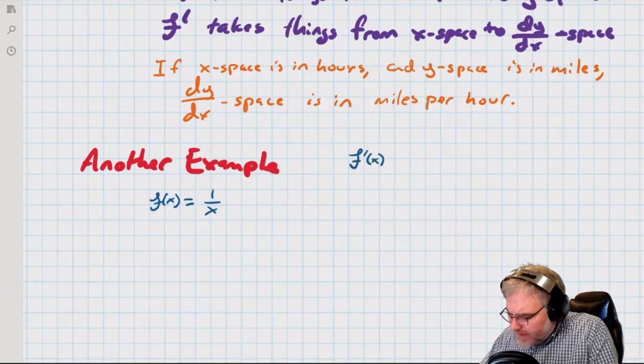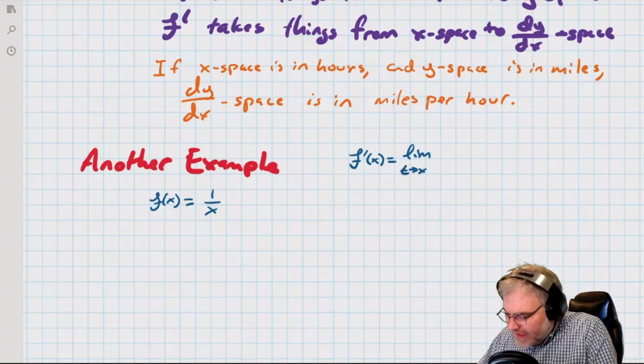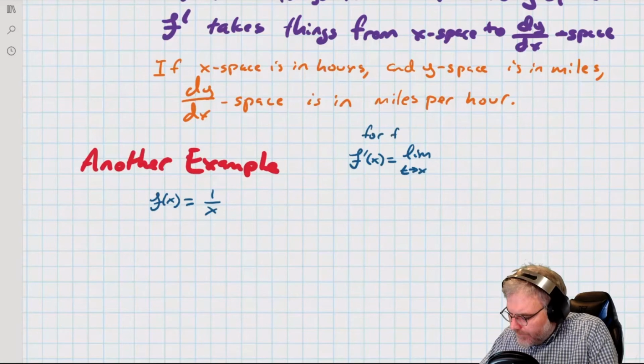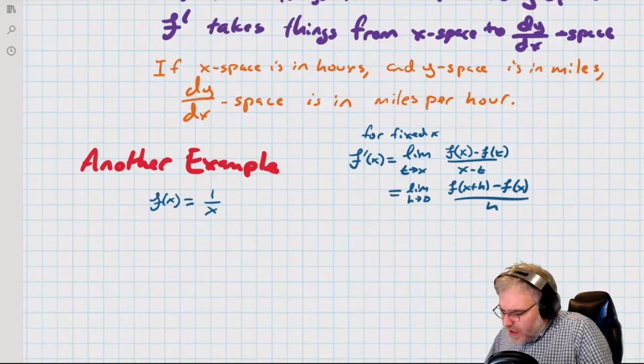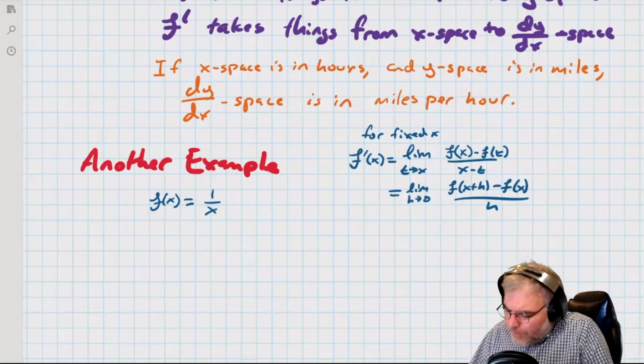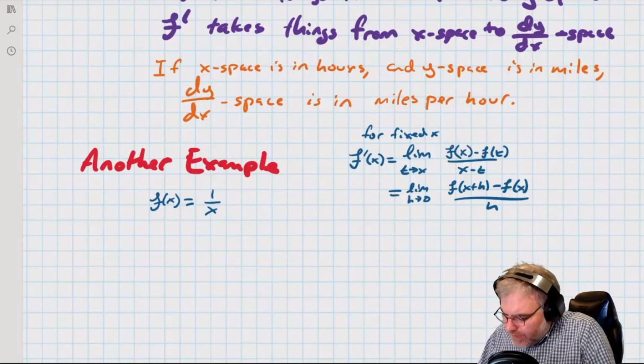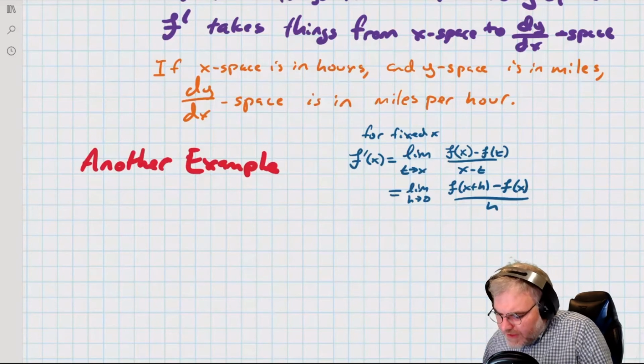F prime of x equals the limit as t goes to x, for fixed x, of f of x minus f of t all over x minus t, which is the exact same thing as the limit as h goes to 0 of f of x plus h minus f of x all over h. And I want to be able to use these interchangeably. The reason why I want both is because some things are easier to do with one definition, and some things are easier to do with the other.